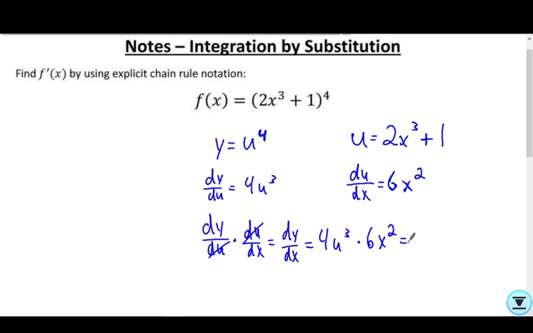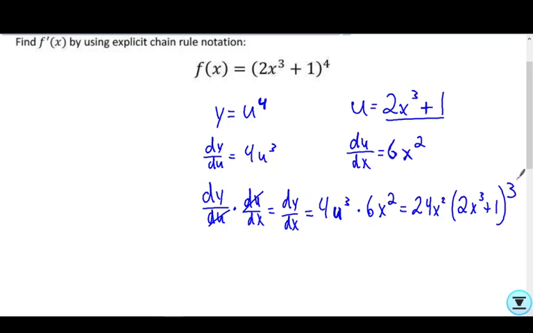And then we simplified, but we also plugged back in our u. So we got 24x squared, and then you plug u back in, which was this, 2x cubed plus 1 cubed. And that's how we originally learned how to find the derivative doing chain rule. Okay?